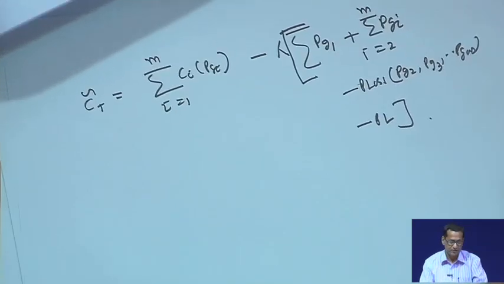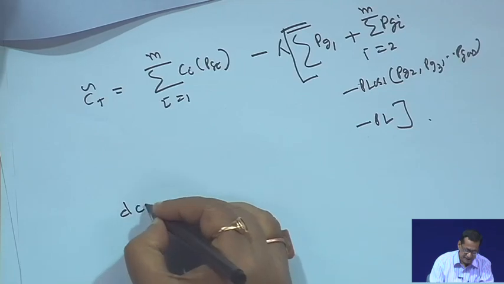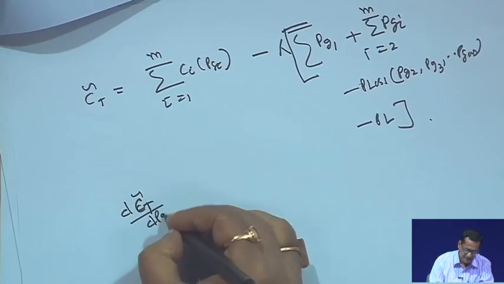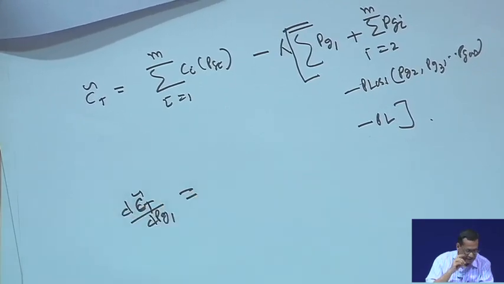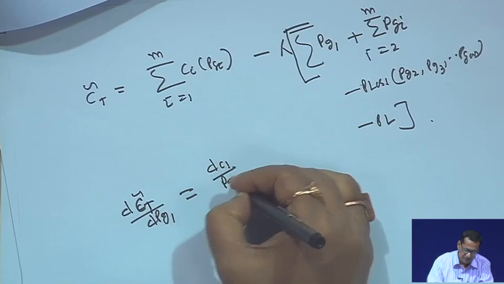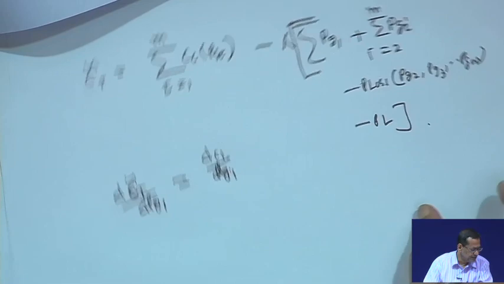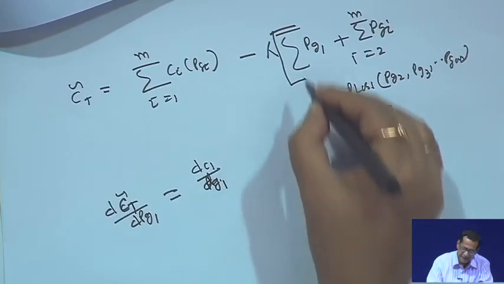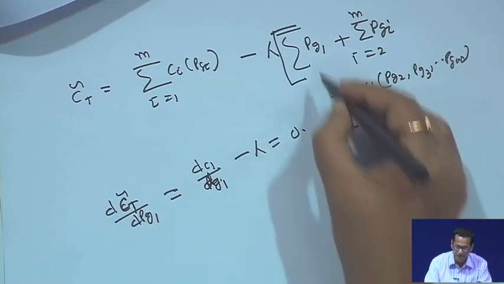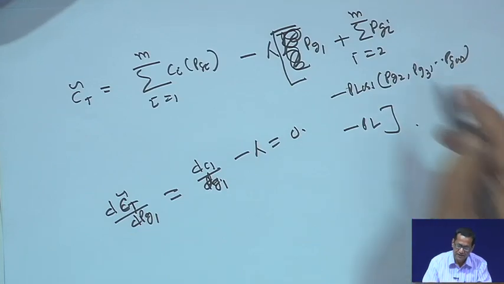Now if you take the derivative with respect to Pg1, then dC tilde by dPg1, for this one will be dC1 upon dPg1, and then here it will be again minus lambda is equal to 0, because this sigma is not there, here sigma is taken.